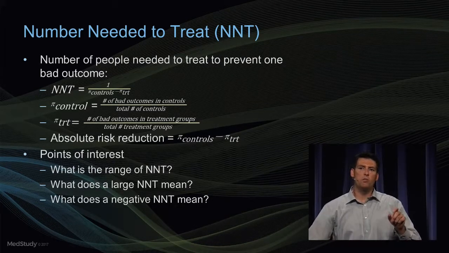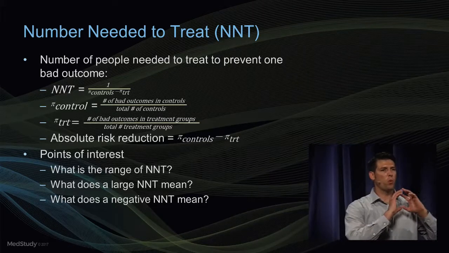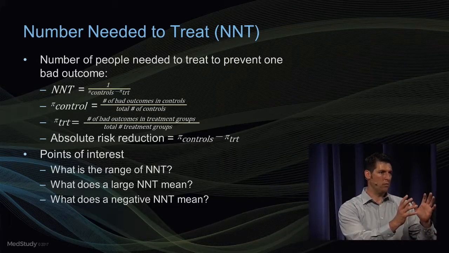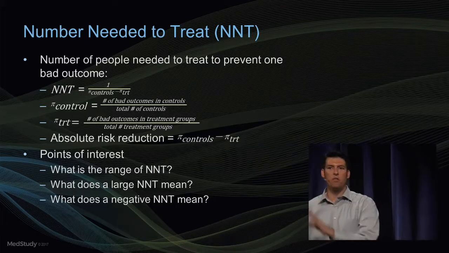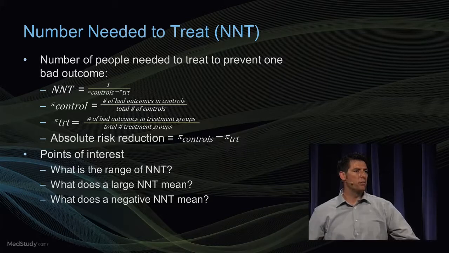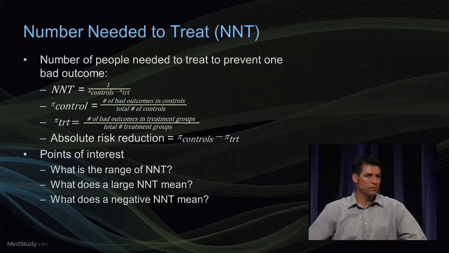If in an extreme situation, my proportion of bad outcomes among the controls, all of them had that bad outcome, and in my treatment, none of them had that bad outcome, the largest that denominator could be is what? Just one, right?